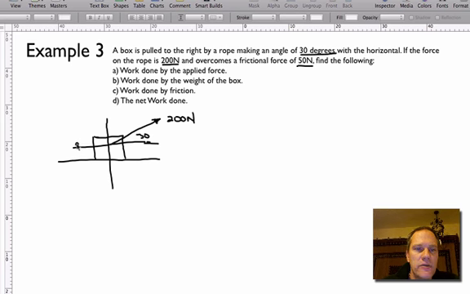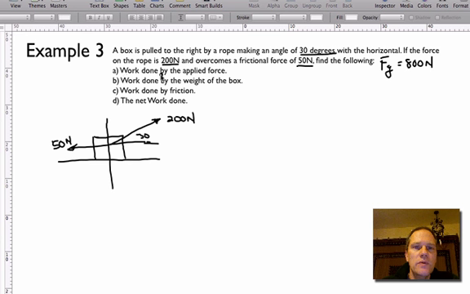And it also says I have a frictional force acting this way of 50 newtons. And it doesn't give us the weight of the box here. I must have left that off. So let's add in here that the force due to gravity, which I left off in my problem statement, is 800 newtons.